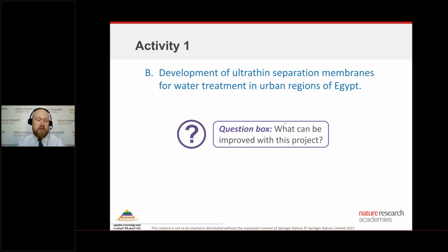Is the study going to be relevant to other regions outside of Egypt and therefore more relevant to a wider population? Can the study be internationally relevant? So that may be one consideration that the applicants may want to consider, whether they want to include other regions of Egypt or other countries altogether to make the work more impactful and relevant.